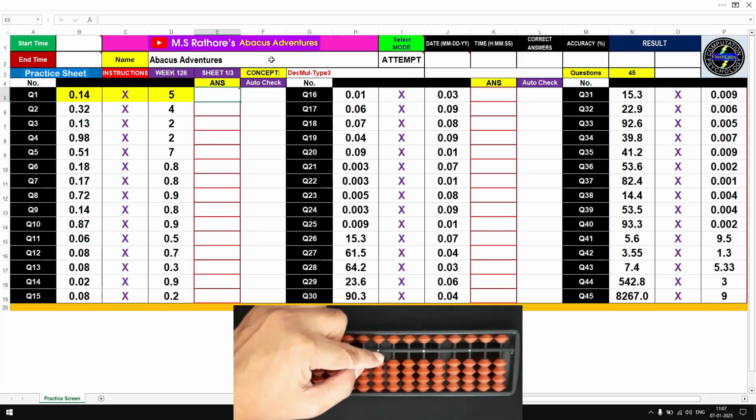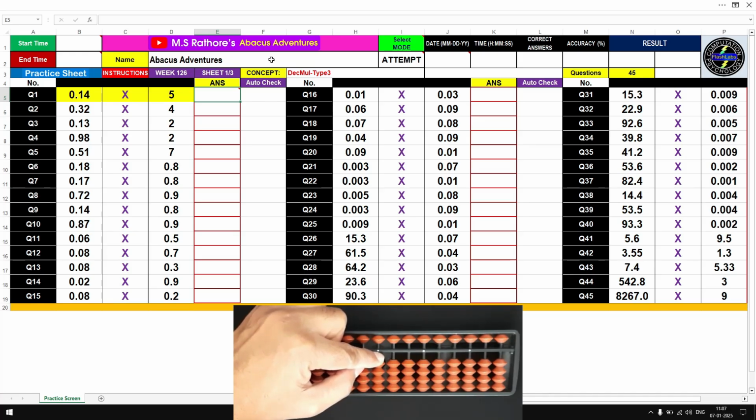The question now is 5 multiplied by 14. From right to left it is 5 multiplied by 14, not 5 multiplied by 0.14. Let's ignore the 0 and take the normal values. 5 multiplied by 14. The rules of 1 by 2 multiplication apply here.